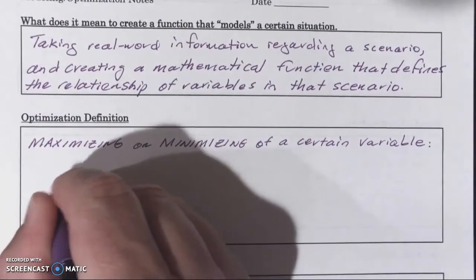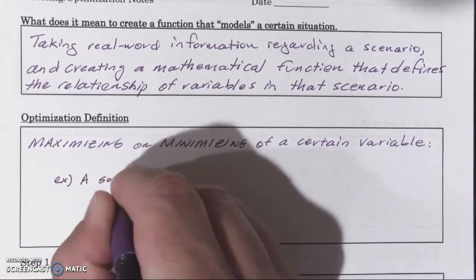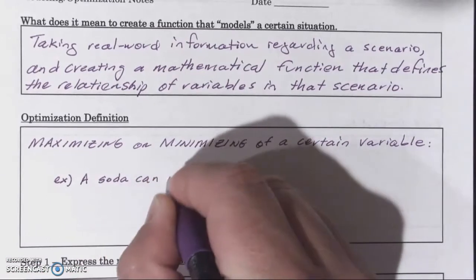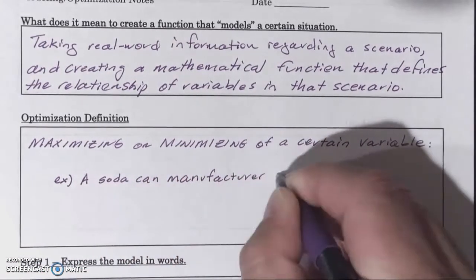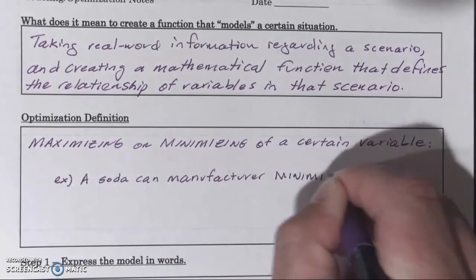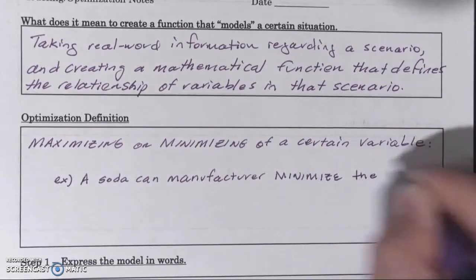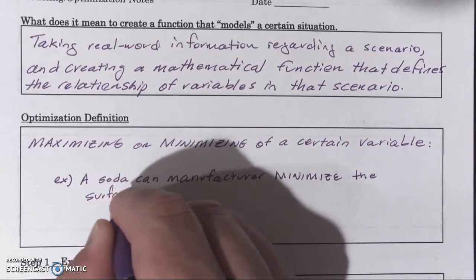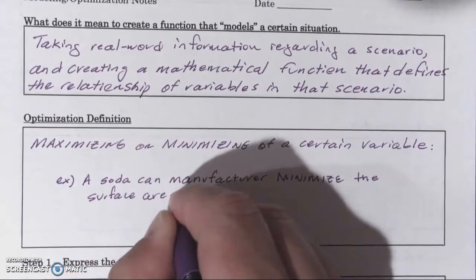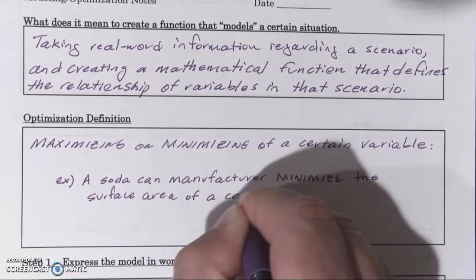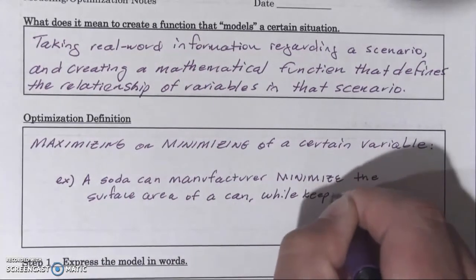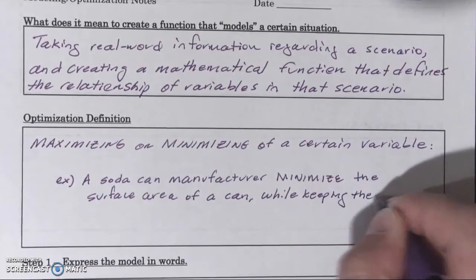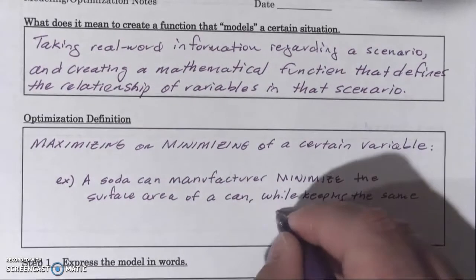So we'll even write that down. For example, a soda can manufacturer trying to minimize the surface area of a can while keeping the same volume.